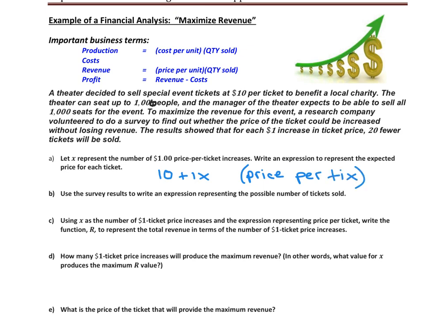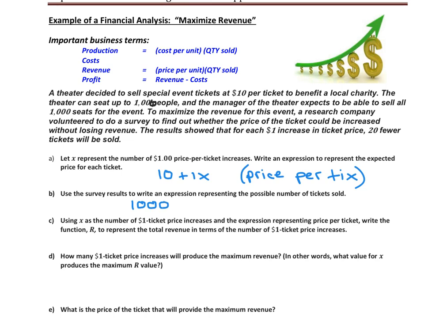All right, use the survey results to write an expression representing the possible number of tickets sold. So we know that if we sell the tickets for $10, in other words, we don't increase the price, the survey says that we can sell all seats, which is 1,000 seats. So our baseline is filling the theater at 1,000 seats or 1,000 tickets sold.